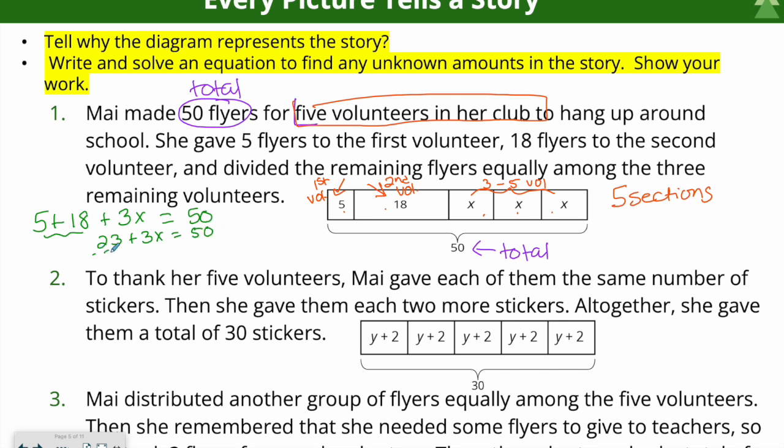And we can subtract 23 from both sides to get 3x equals 27. Divide both sides by 3 to get x equals 9. So each volunteer got 9 flyers.